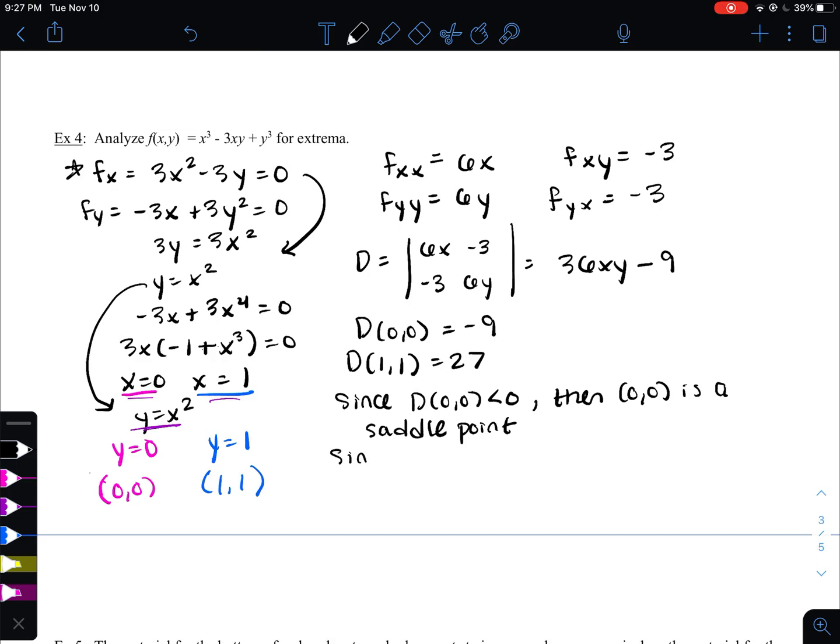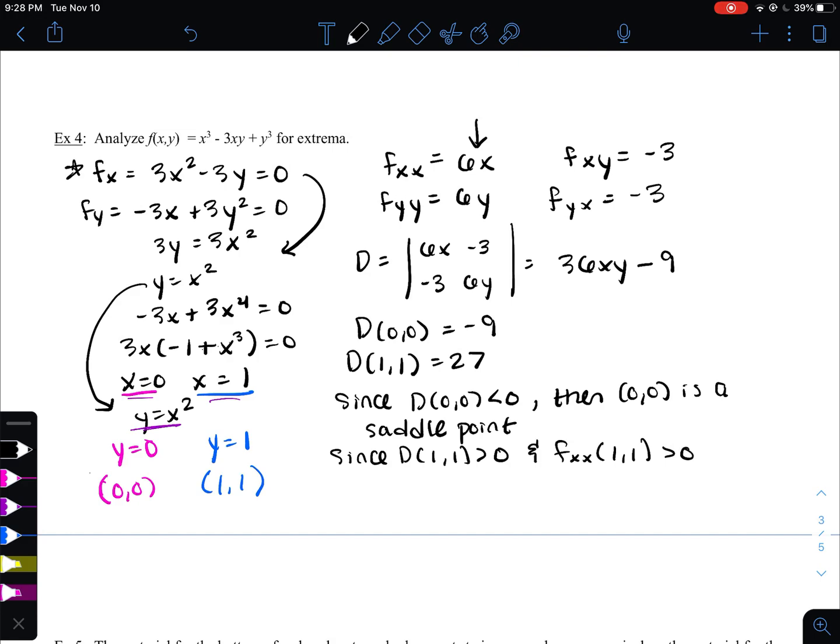Then, since the discriminant of 1, 1 is not less than 0, it's greater than 0, okay, and I need more information, and the second derivative with respect to x, both times, of 1, 1 is, if I plug it in here, okay, it's also greater than 0.